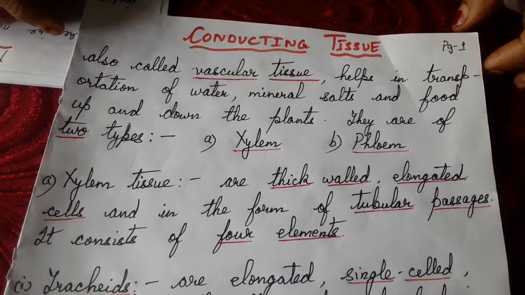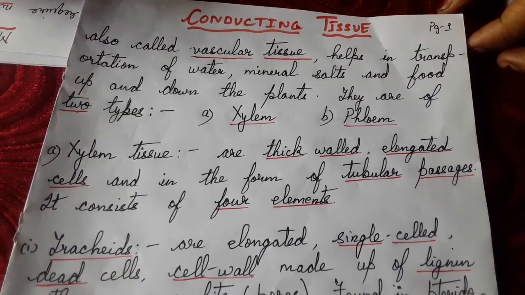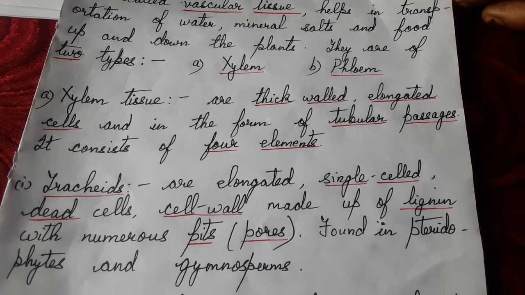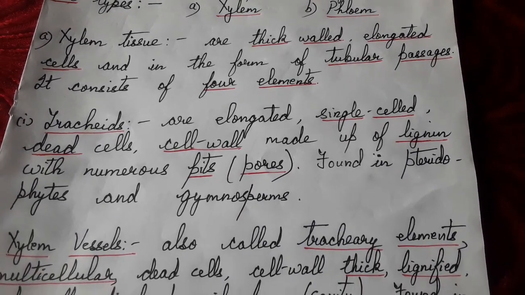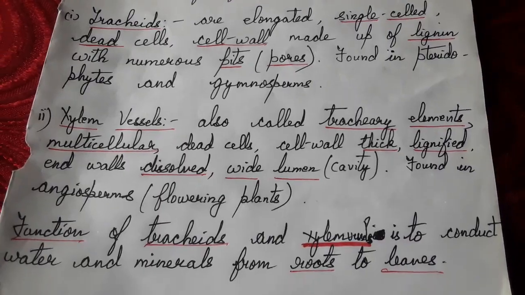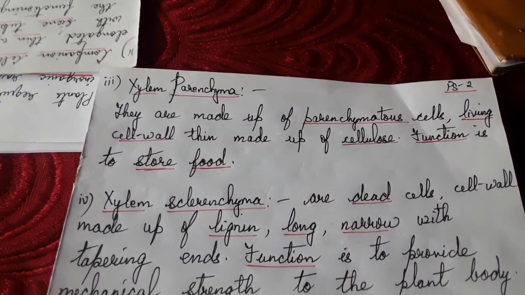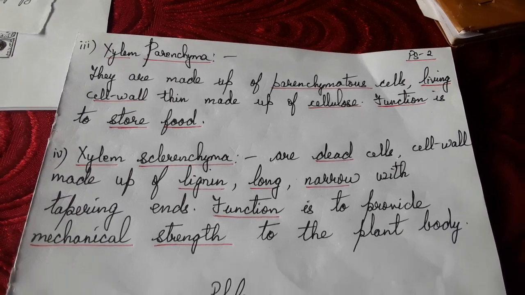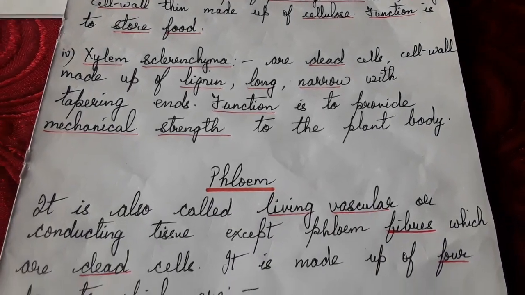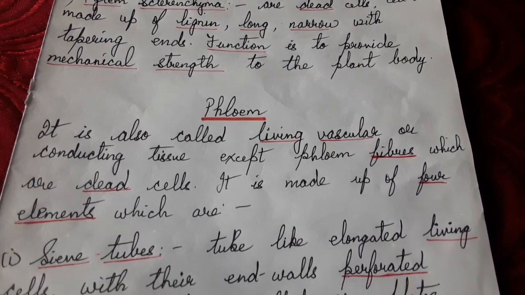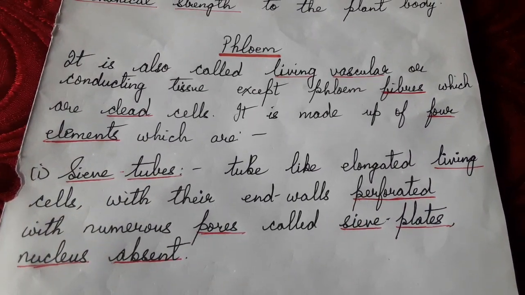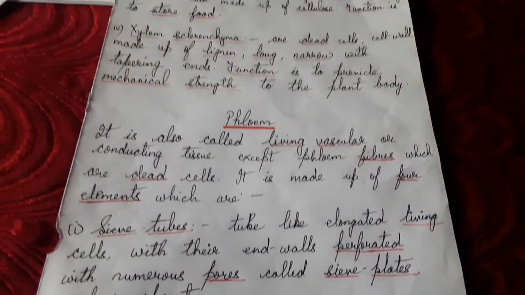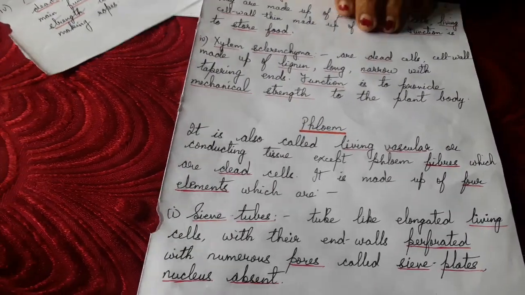As you can see, these are xylem tissues, tracheids, xylem vessels and their functions. Can I turn to the next page? This is xylem parenchyma, xylem sclerenchyma and phloem. Next, we come to the other elements of phloem: companion cells, phloem parenchyma, and phloem fibers.